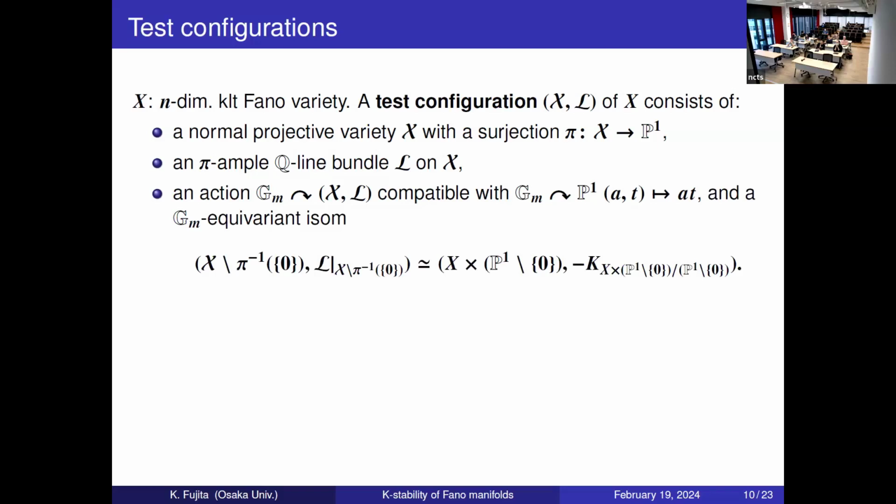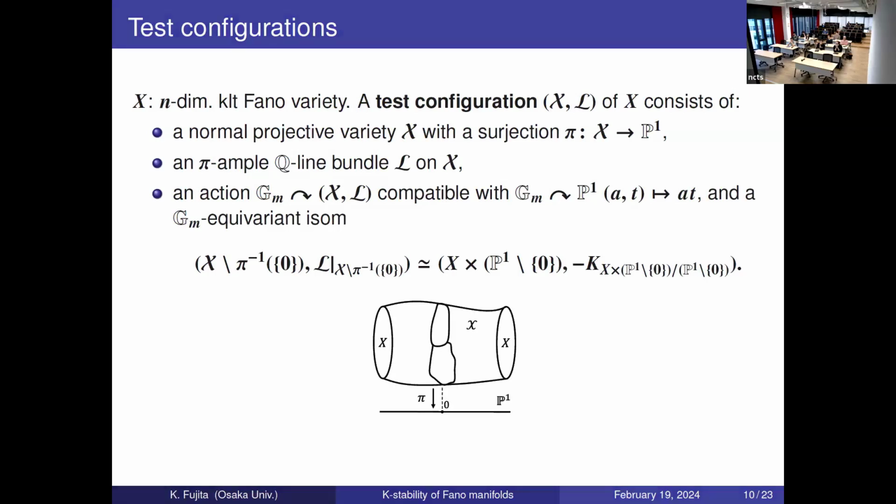And there is a G_m-equivariant isomorphism: curly X outside the zero fiber is isomorphic to X times P1 minus 0, and the polarization is minus K.